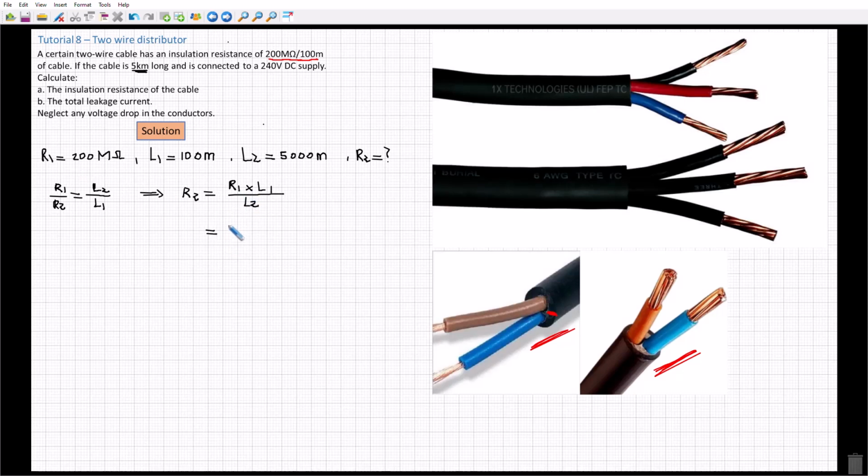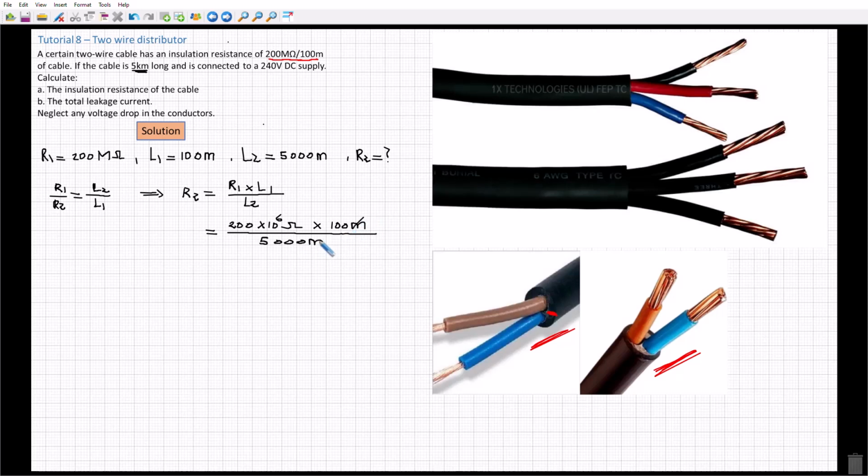You know R1 is 200 times 10 to the power 6 ohm, times the length L1, which is 100 meters, divided by L2, which is 5,000 meters.